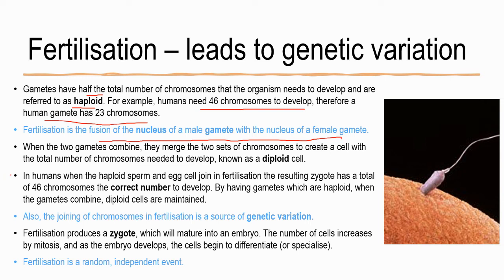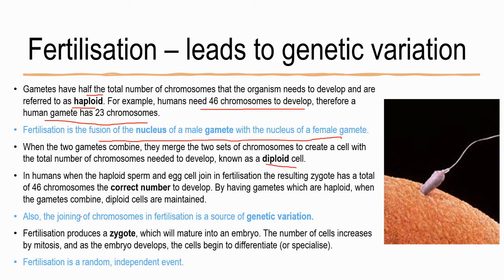When the 2 gametes combine, they merge the 2 sets of chromosomes to create a cell with the total number of chromosomes needed, and so that's called a diploid cell. In humans, when the haploid sperm and egg cells join in fertilization, the resulting zygote has a total of 46 chromosomes, the correct number to develop. By having gametes which are haploid, when the gametes combine, diploid cells are maintained.